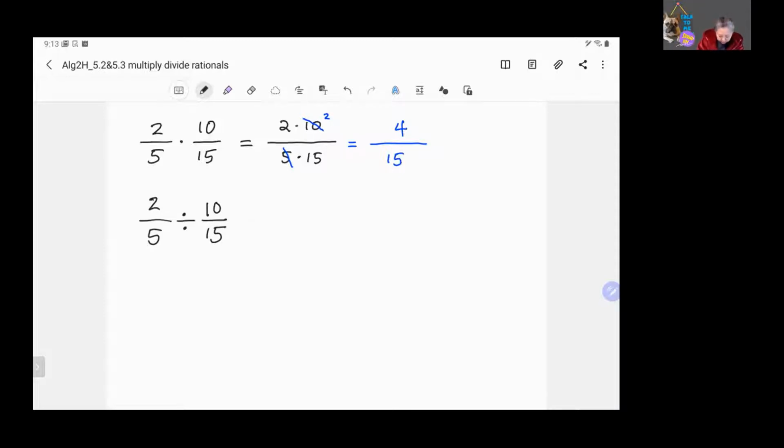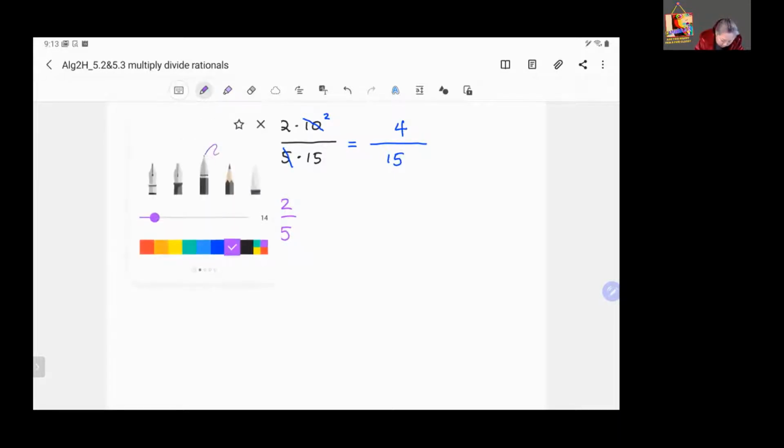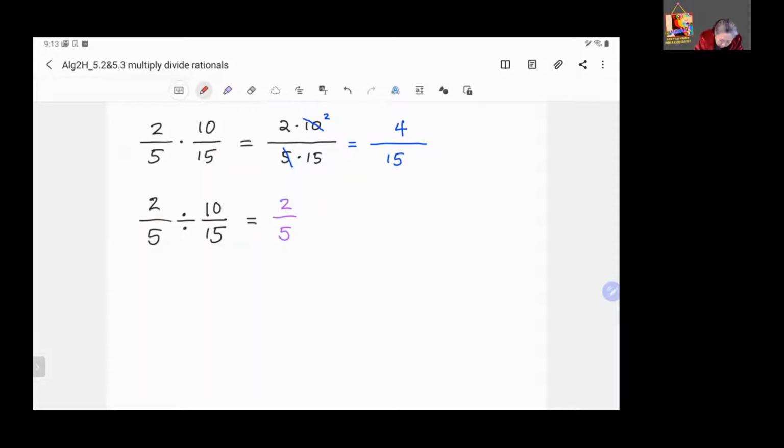Here, what we algebraically used to do is we keep the first fraction as is, but we change the division into multiplication. Then now we get the reciprocal of the divisor.